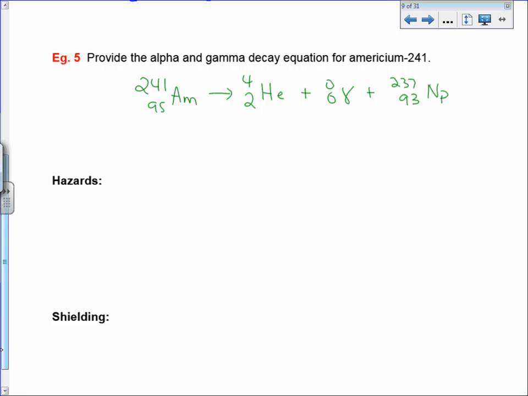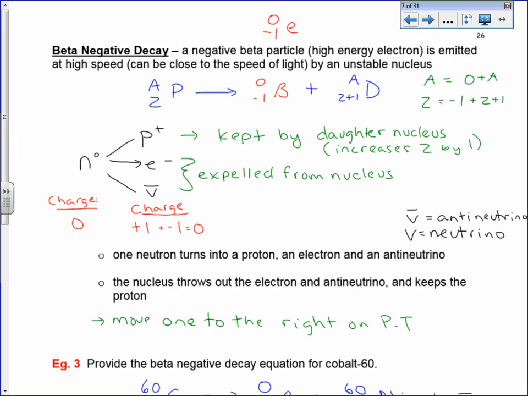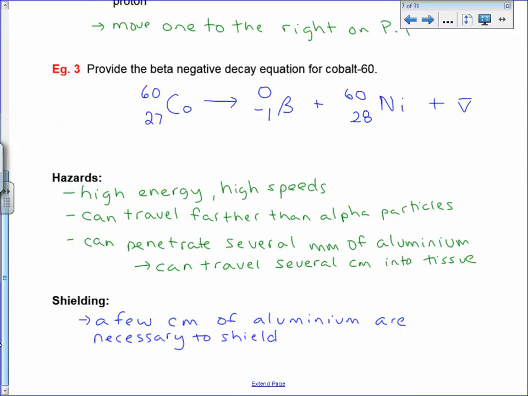Hazards of gamma radiation. Actually, I should go back here. Beta negative is ionizing radiation. This is considered ionizing, right? It alters atoms in the body. Gamma is the same. Gamma is also ionizing radiation. It's like the gamma from the electromagnetic spectrum, right?